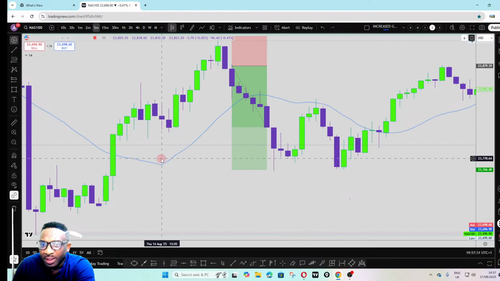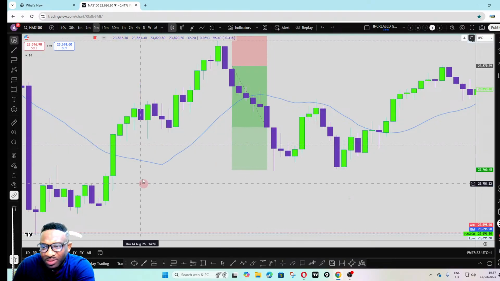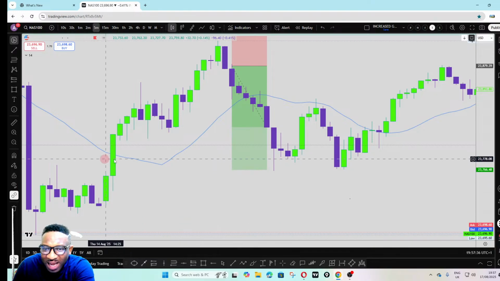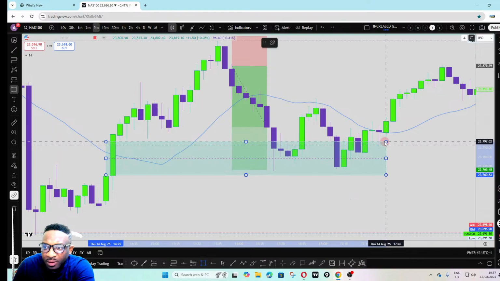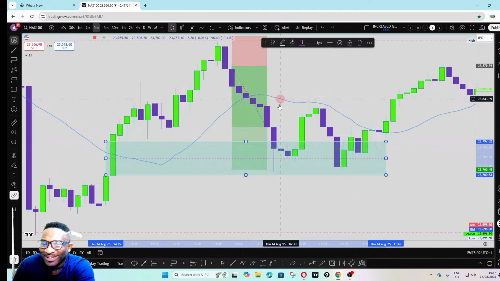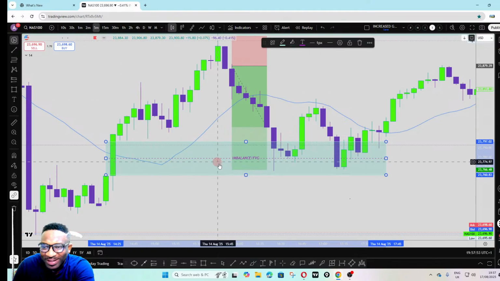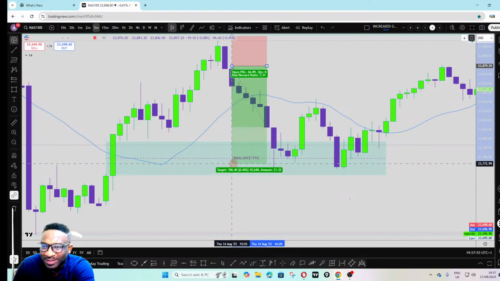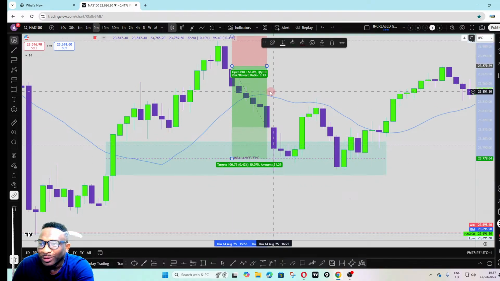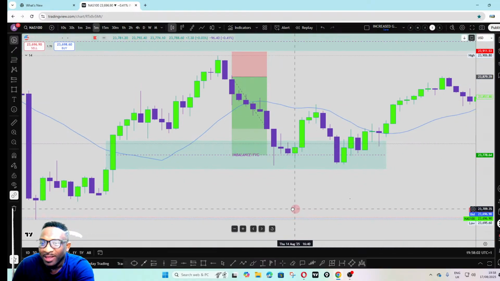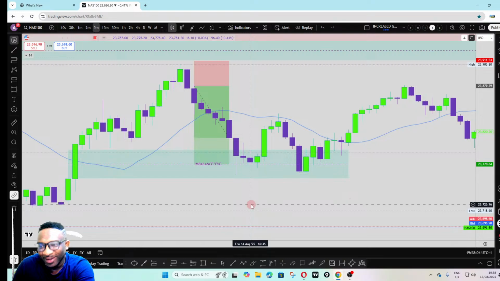So this is quite a sizable imbalance, so I could perhaps target halfway of this whole area, I don't want to be greedy. Okay, so if we have this imbalance here, if I target halfway of that, that gave me 1:3. That is not bad. That's a good one.